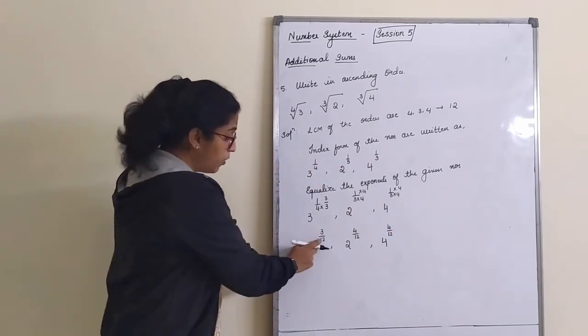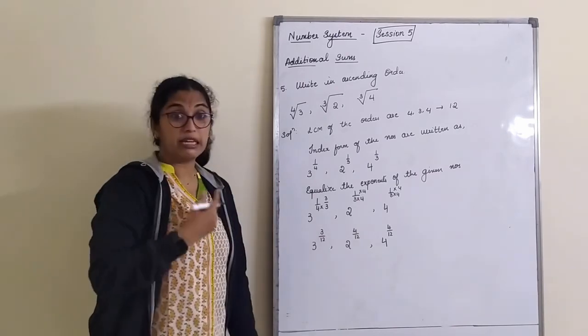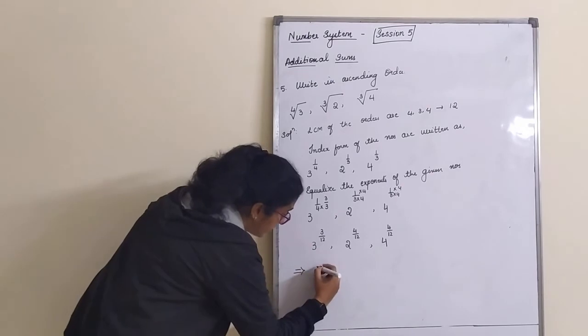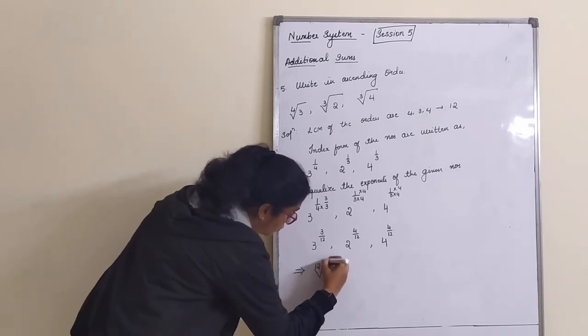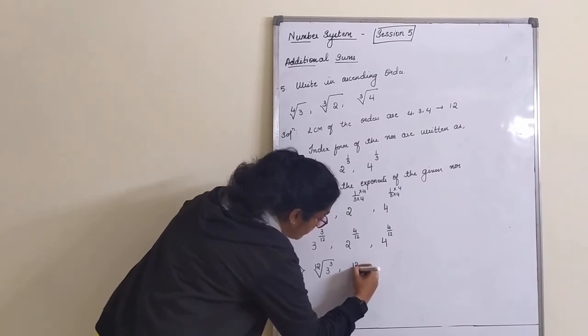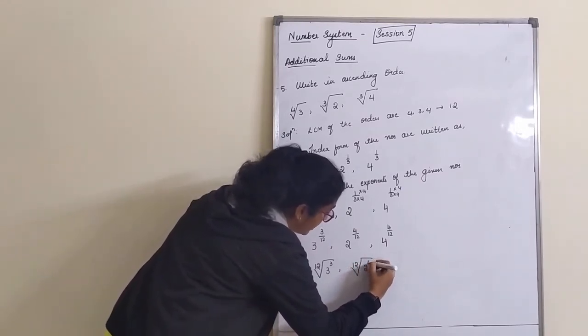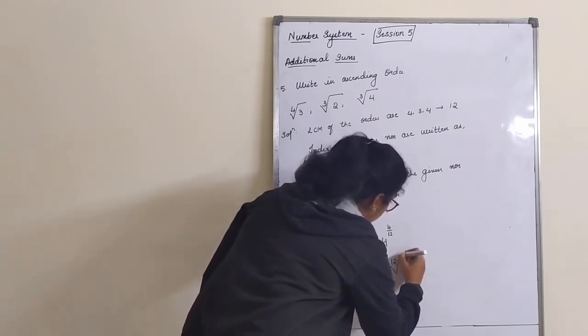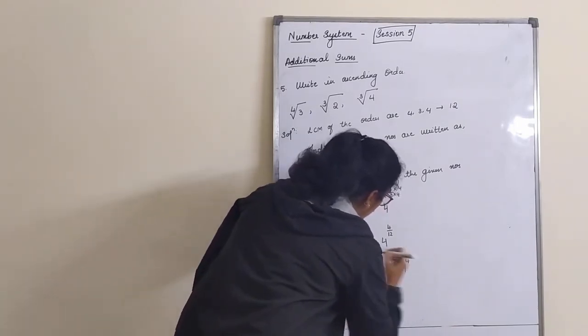Okay. Now whatever is in the denominator, that is the order. This implies I can write this sum as 12th root of 3 cube, comma 12th root of 2 raised to 4, comma 12th root of 4 raised to 4.